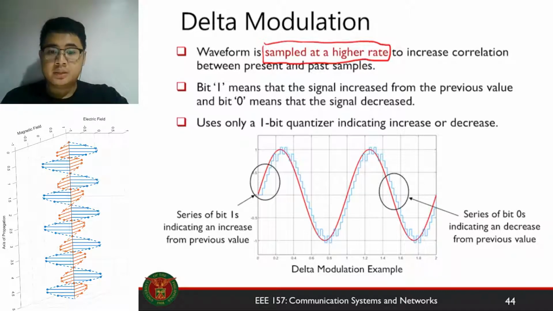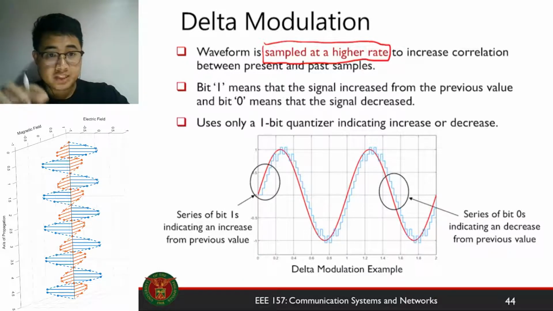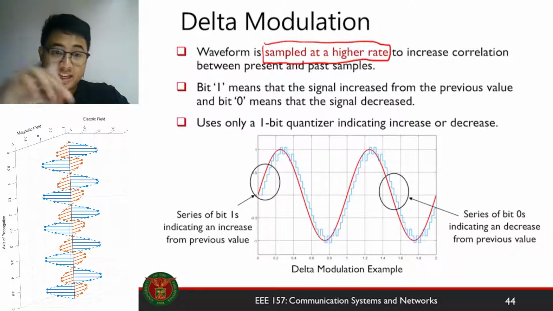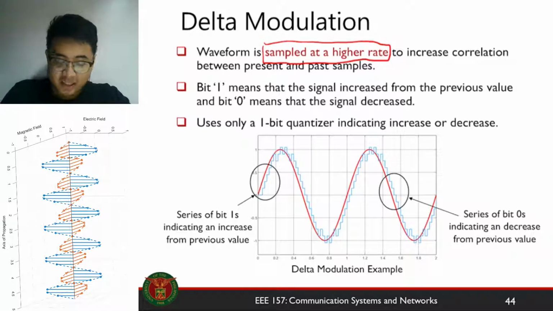So how does delta modulation work? If the output is bit 1, that means the signal increased from the previous value to the present value. If the output is bit 0, that means the signal decreased from the previous value to the present value. So it is represented by a staircase right here.